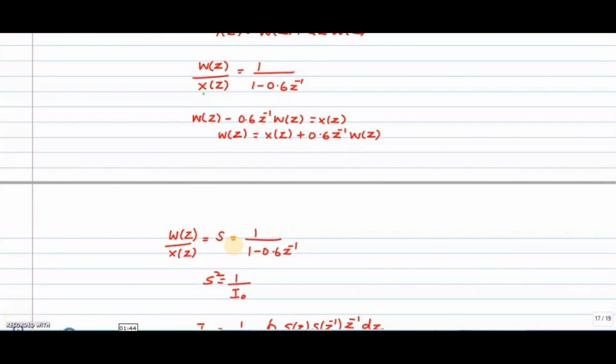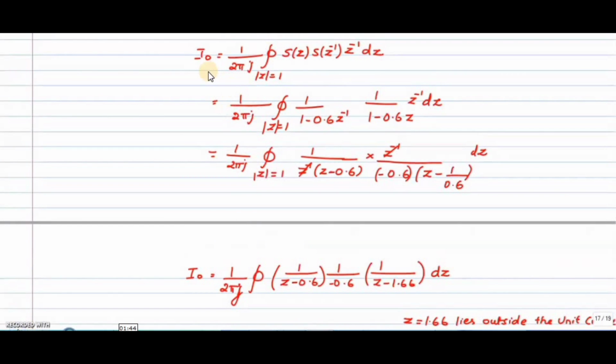So I naught is equal to 1 divided by 2 pi j, and instead of S of z you substitute 1 divided by 1 minus 0.6 z power minus 1. If I substitute z power minus 1 here, this becomes 1 divided by 1 minus 0.6 into z power minus 1 into dz.